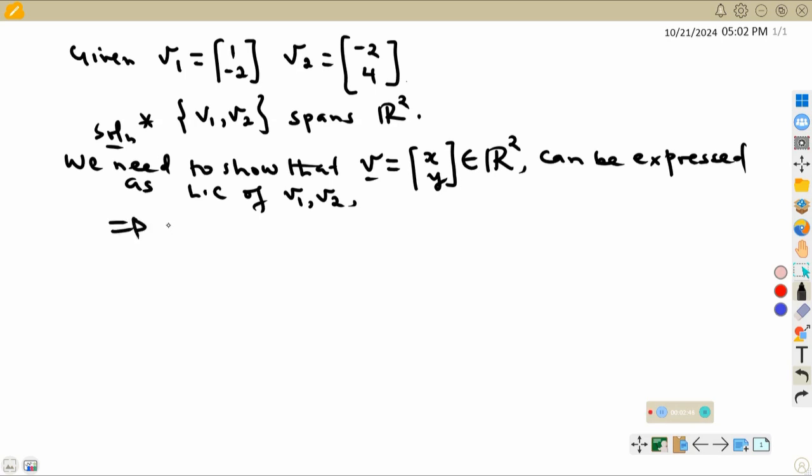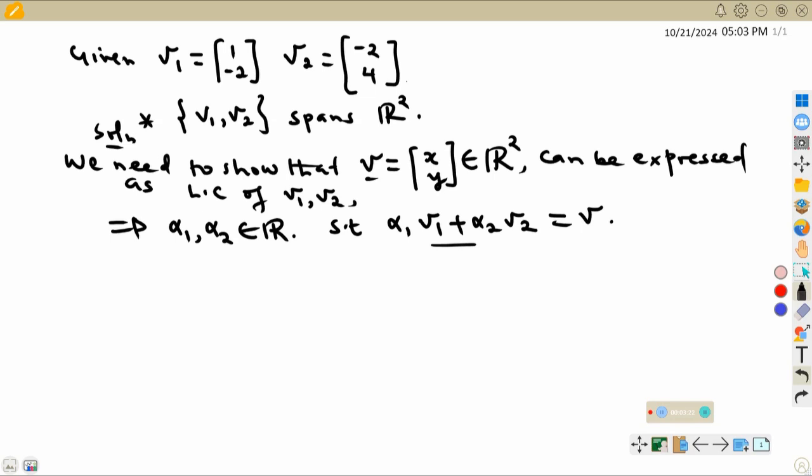So this will imply we need scalars alpha 1 and alpha 2 from the set of real numbers, such that we are able to write alpha 1 V1 plus alpha 2 V2 equaling this V. For that case, it means there exist some scalars alpha 1 and alpha 2 such that we can write this.